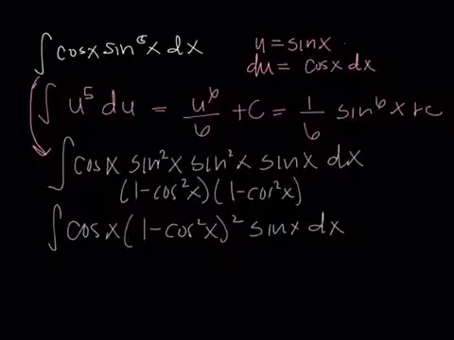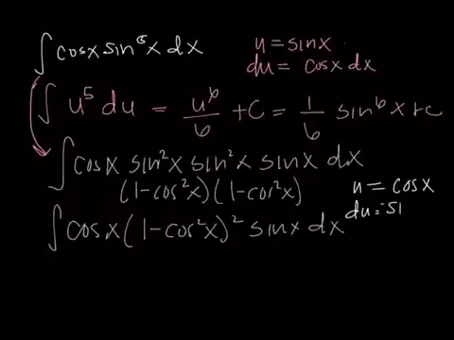So from this point, we can go ahead and use a u substitution. So u is now going to be cosine of x, so that du is now negative sine of x dx. So that now we can rewrite this as negative, changing the sine of x and dx to be du.